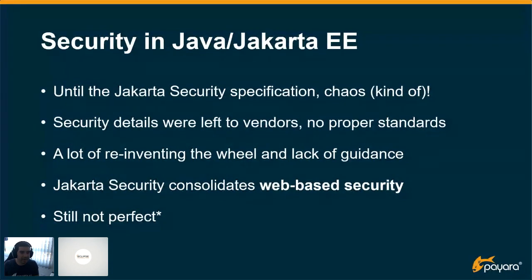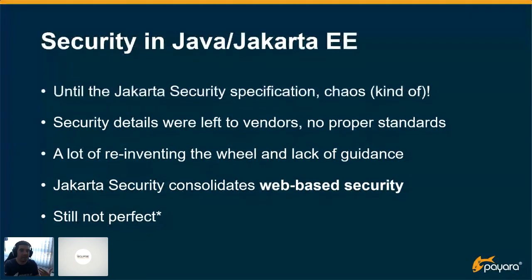So if, for example, Payara or WebLogic or WebSphere or TomEE or any other Java EE vendor at that time wanted to implement security, the specifications up to then allowed some basic settings and configurations of what the developer could do in order to tell the application how to be secure. But everything else had to be done by the vendor, and we had to pick up the slack and allow defining non-standard solutions to allow developers to say, okay, this is how I want my application to be secure. So it was a mess in a sense.